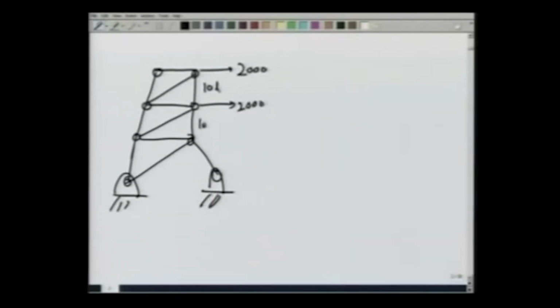this is 10L, this is also given to be 10L.